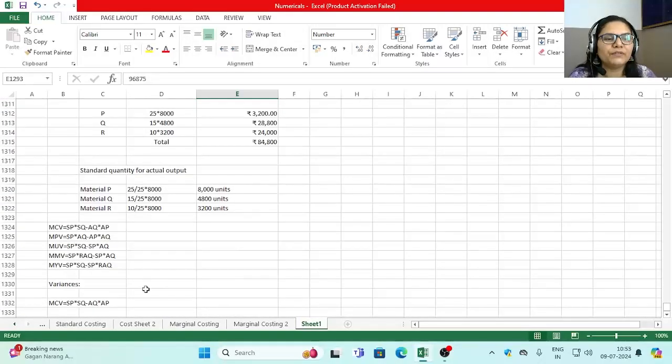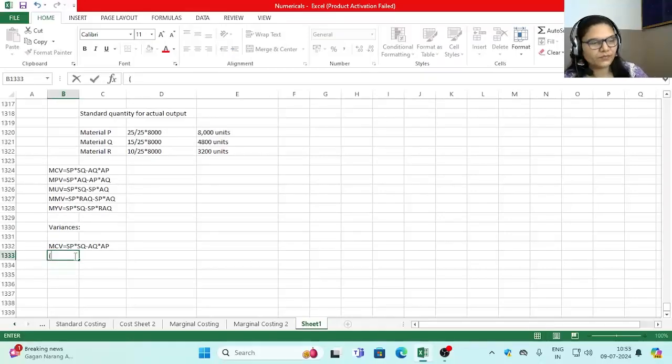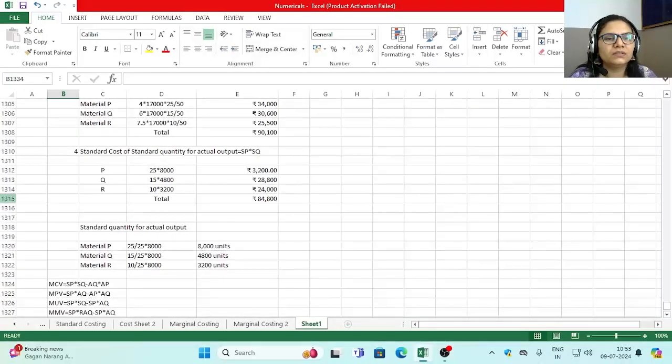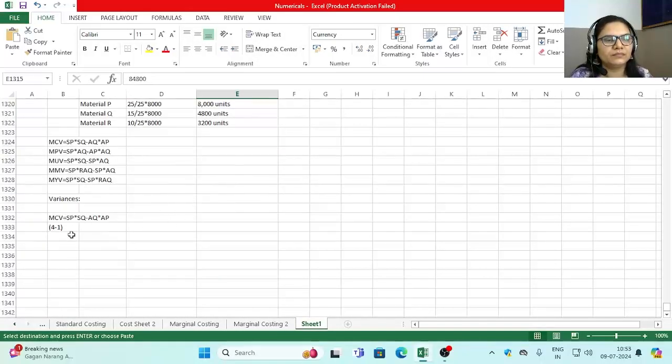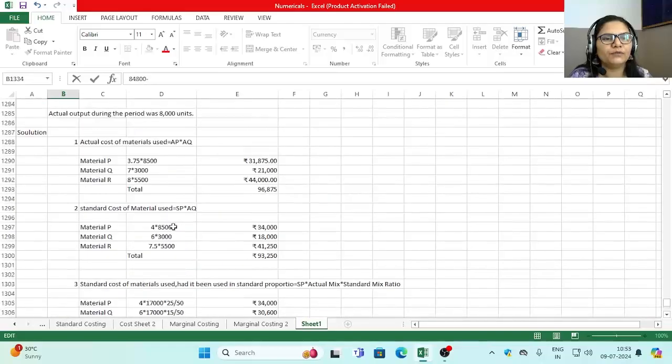So simply we can write 4 minus 1. 4 we know is 84,800, and we will deduct 1 from it, which is 96,875.